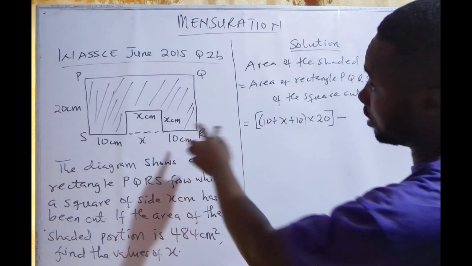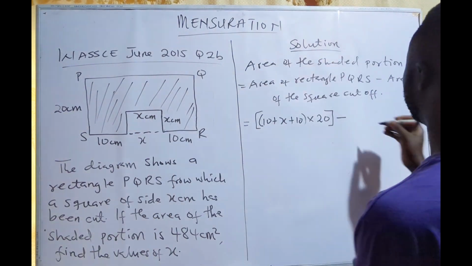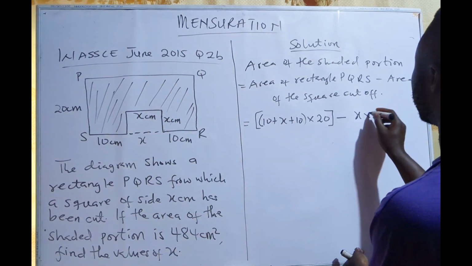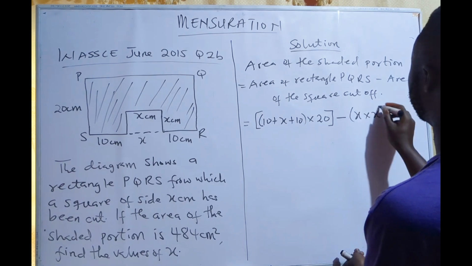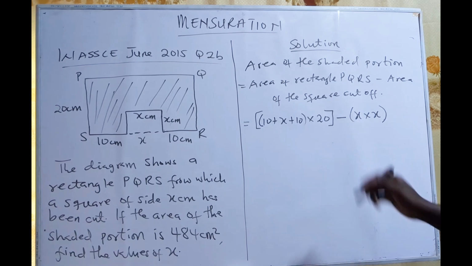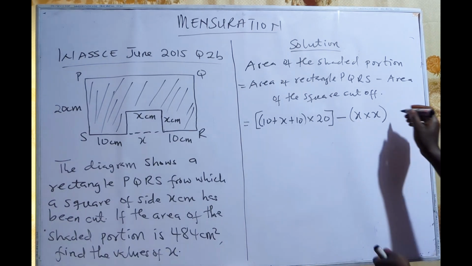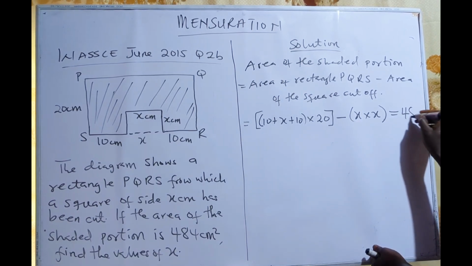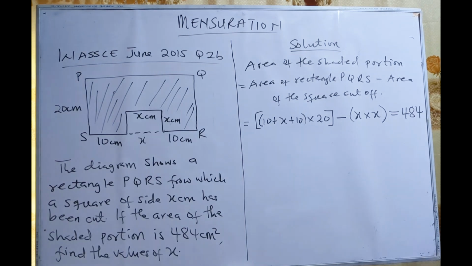What is the area of the square? x times x. So this is the area of the square, and this will give us 484, which is the area of the shaded portion.